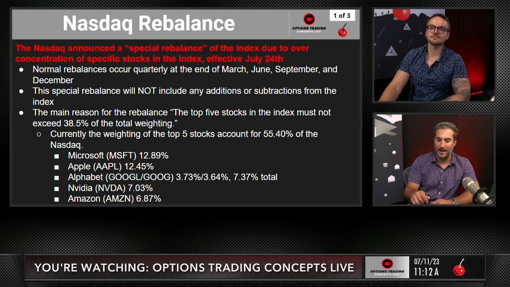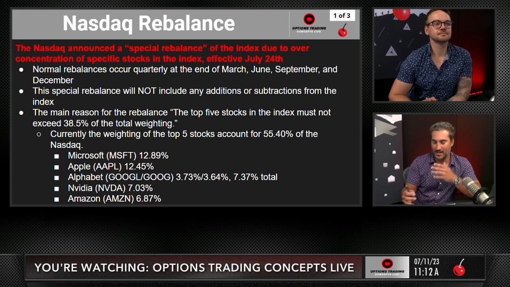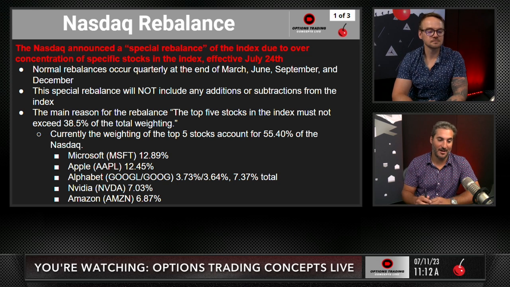You rebalance and change, not really change the weightings of the stock, but you make sure all the weightings are within parameters. And in this case, we've had such a significant move that there has to be a little bit of a rebalance here. This one does not include any additions or subtractions.